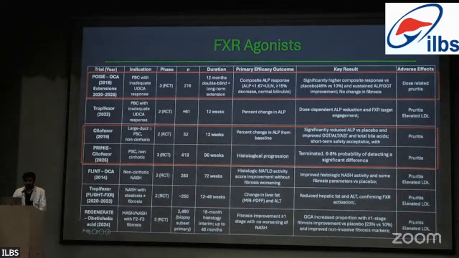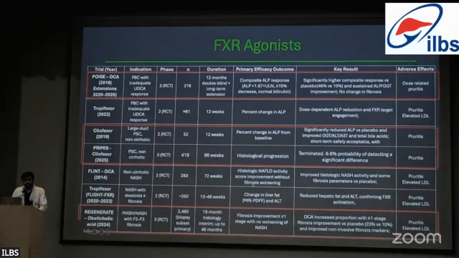But a subsequent study, done in 2025, the PRIMUS trial, which evaluated histological progression in PSC on Cilofexor, was terminated prematurely after just enrolling 160 patients. This is because at 96 weeks, this showed a 6.8% probability of detecting a significant difference. Their cutoff of futility was 10%.